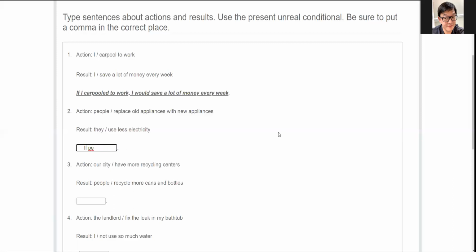If people replaced old appliances with new appliances, comma, they would use less electricity.